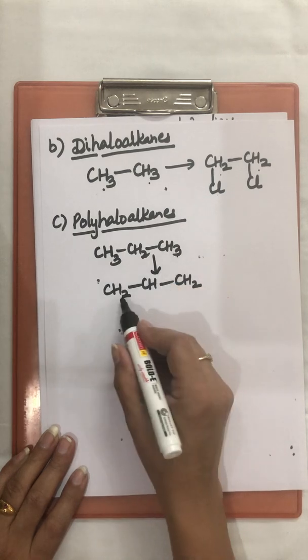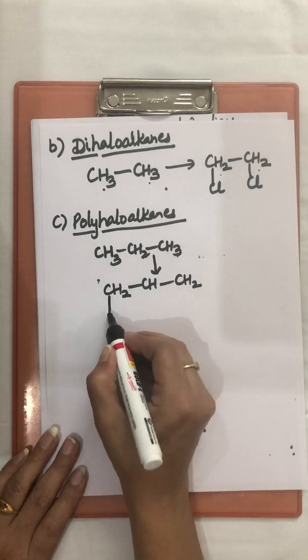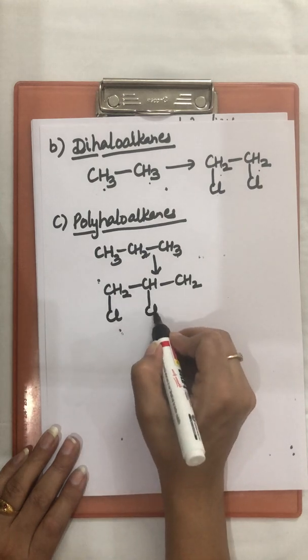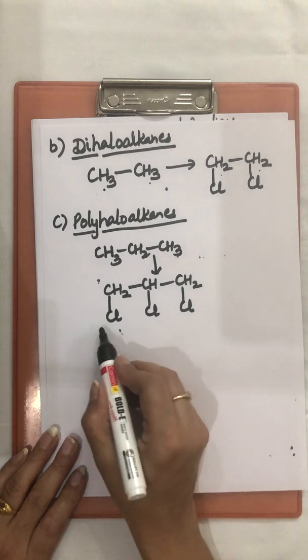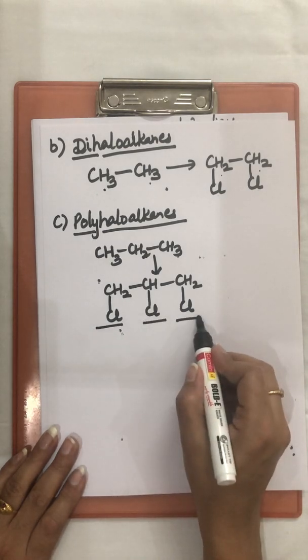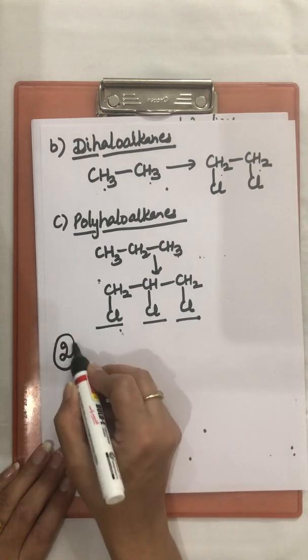And in place of that hydrogen atom, we are putting the halogen atom Cl. So more than two halogen atoms are here. So this is called polyhaloalkane.